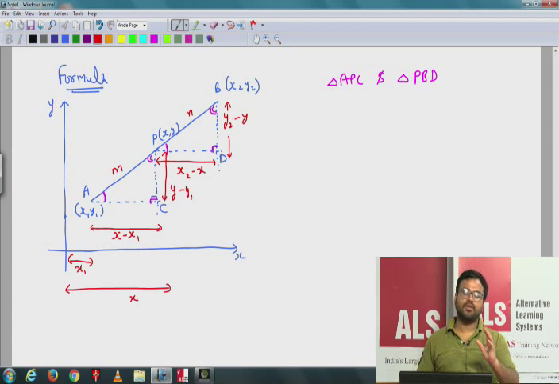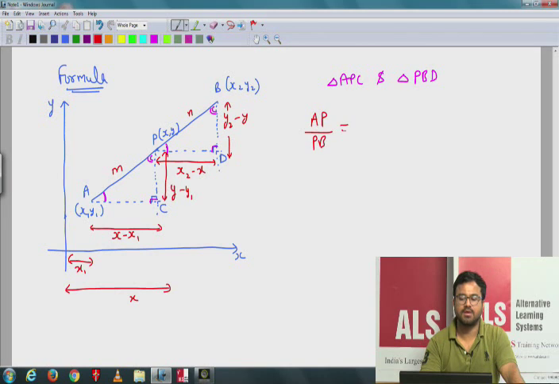So now we have all the three sides of both the triangles, so we can relate them. Since they are similar to each other, ratio of sides are equal. So ratio means ratio of corresponding sides is same. So AP upon PB, that is equal to AC upon PD, that is equal to PC upon BD. Now we just have to substitute the values and then we have to simplify.